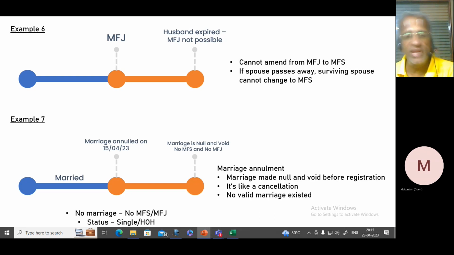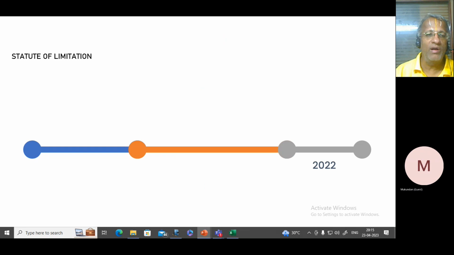Marriage annulment would mean it is considered null and void from the beginning. It is like a cancellation. No valid marriage existed. Are you understanding this issue? People might always have this sort of feeling: what if erroneously they projected themselves as married, and it was found at a later point of time that it is not a proper valid marriage? It would mean yes, it can be cancelled.